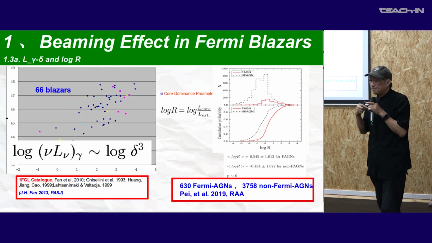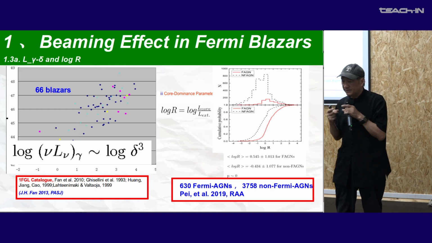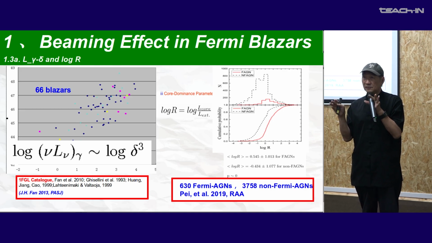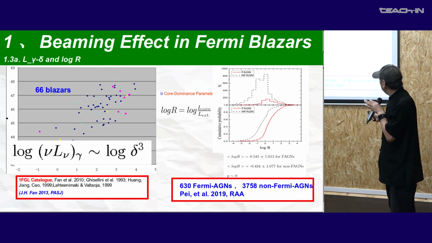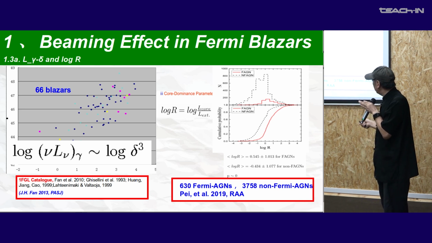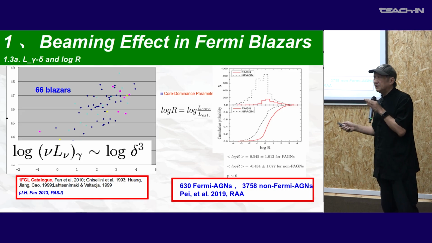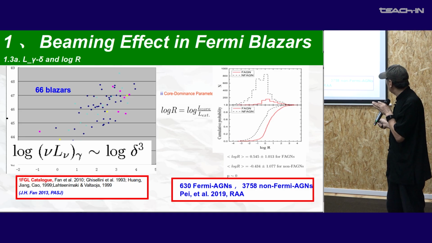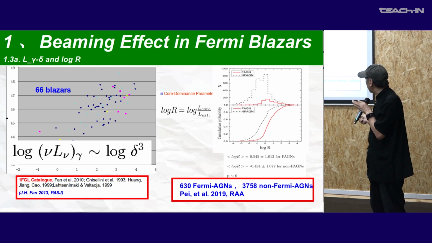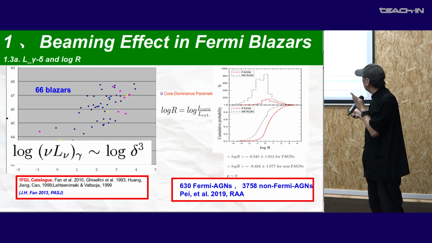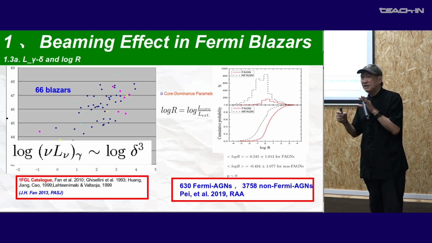So we can get the core dominance parameter for Fermi blazars. We get so many Fermi blazars that have a core dominance parameter, and we also collect many AGNs that have no Fermi emission, so we can compare.